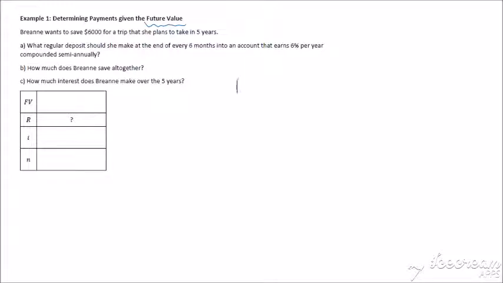So this one's going to be R equals A i over (1 plus i) to the n minus 1. Future value is just A, the amount that it's going to grow to be.